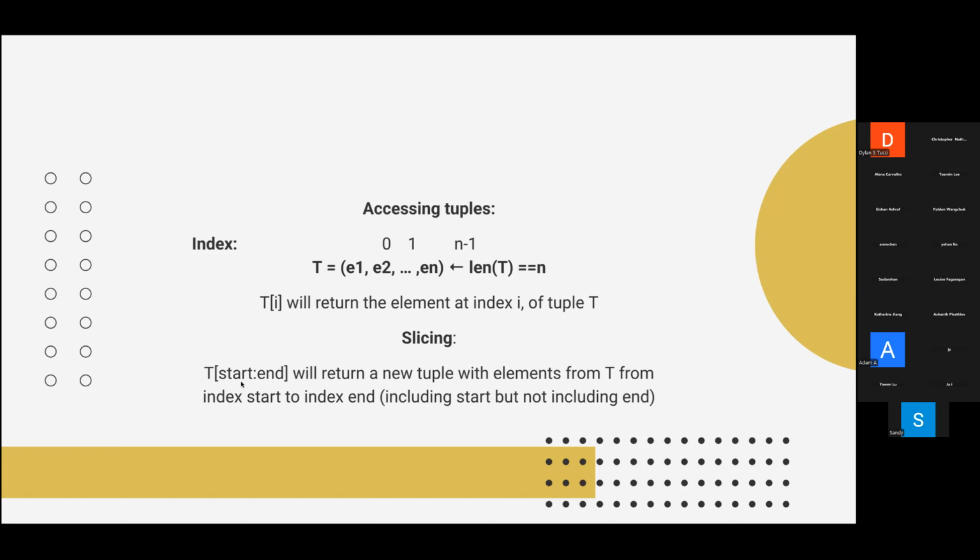Similarly with tuples, if we slice it, we get a new tuple back, which has elements from the original tuple. The start index is included, but the ending index is not.